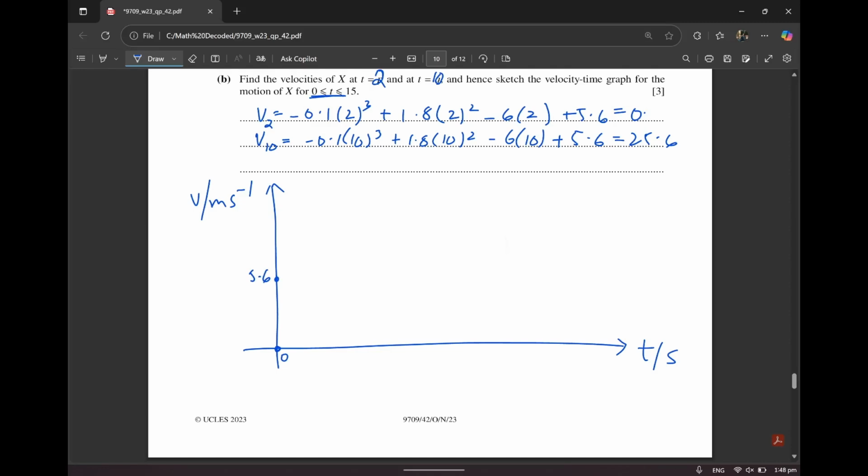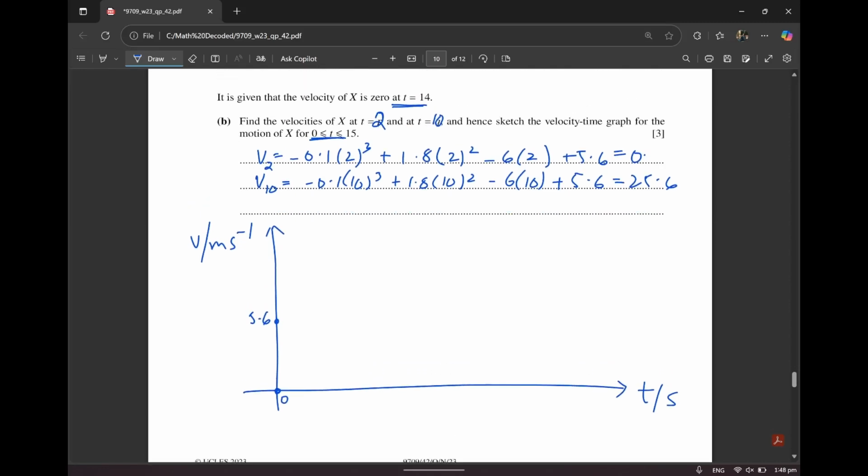Then I know that when time is equal to 2, my velocity is 0. So let's say this is 2. My velocity is basically 0 at this point. Then I know that when the time is 10, the velocity is 25.6. So let's say 25.6 is somewhere over here. So I'll mark this point.